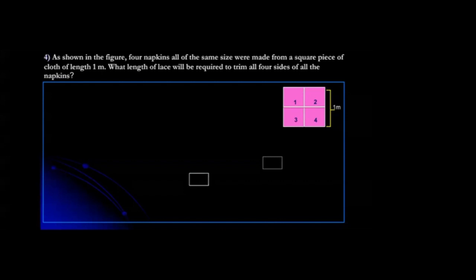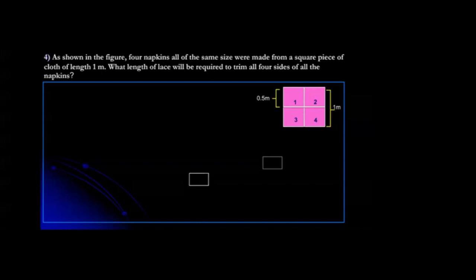And if the length of one piece of cloth is 1 meter, then what will be the length of one piece when we cut it into equal 4 parts? So one side will become half of the total length. So half of 1 is 0.5 meter. See children, we got the length of one side of the napkin. And what do we have to find out?